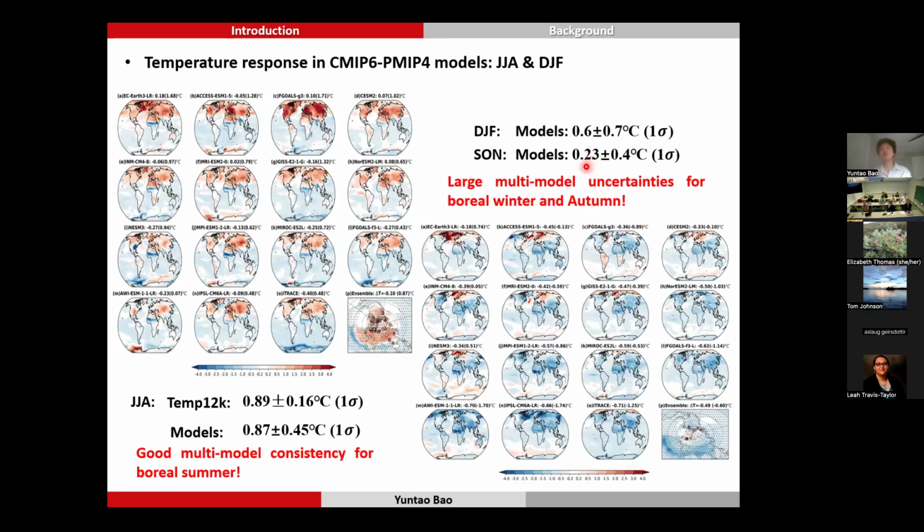So that tells us the large annual mean model uncertainty mainly comes from the boreal winter and autumn seasons. That gives us another very important piece of information: the difficult part of Holocene temperature simulation comes from the boreal winter and autumn instead of boreal summer.